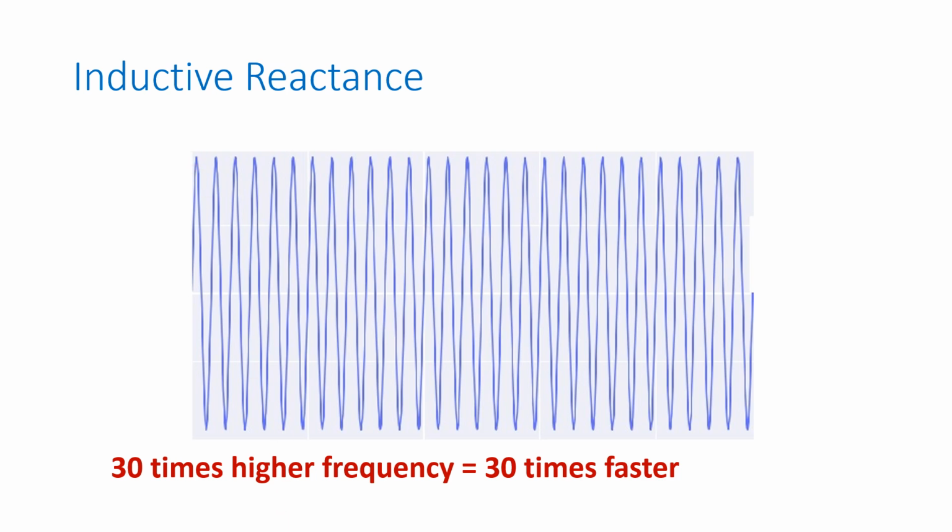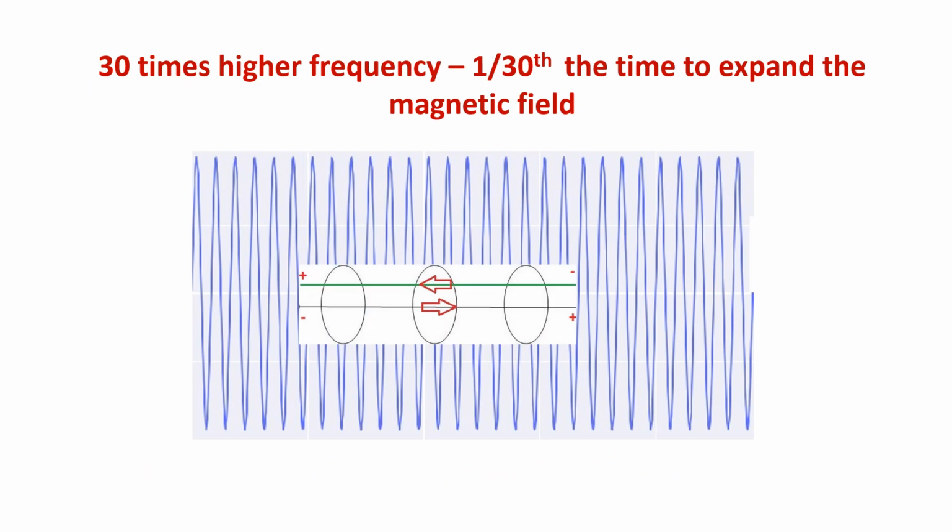Now, the counter EMF in the wire becomes stronger if the current becomes stronger. But it also becomes stronger if the field expands quicker. So think about it.